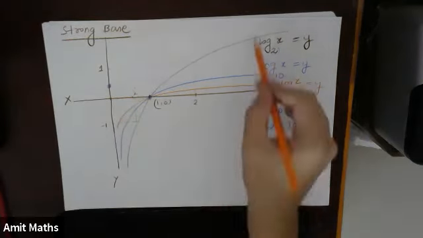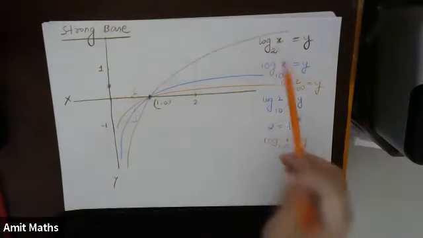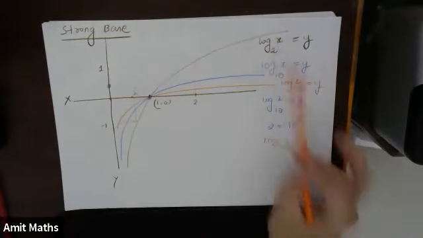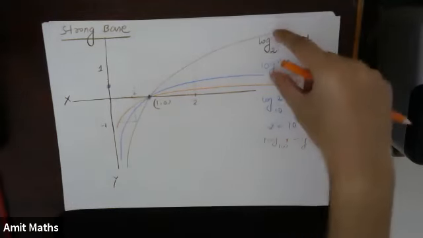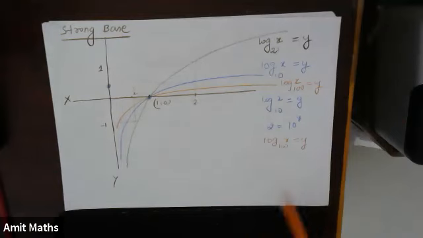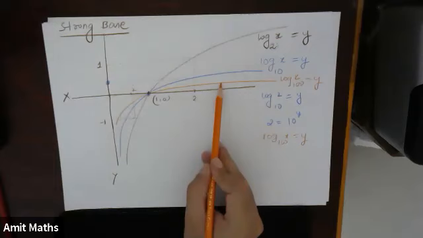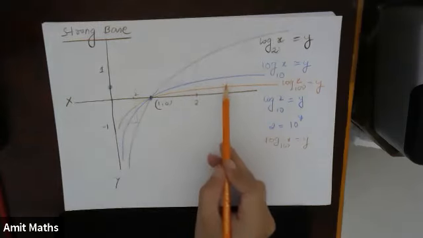Understood? So this will be the representation of log. If I am taking log x base 3, it will be in between these two. If I am taking log x base 99, it will be between these two. If I am taking log x base 80, it will be in between these two, and so on.